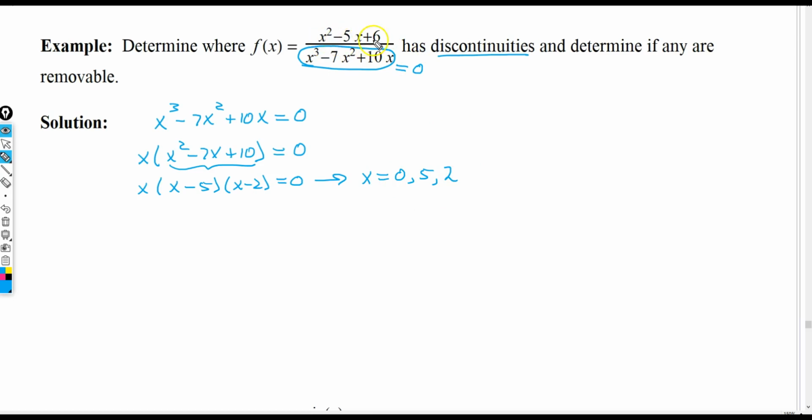Well, notice the top, we can actually factor that. So let's start with the function f of x. The numerator factors like this, and we've already noted that the denominator factors as this.